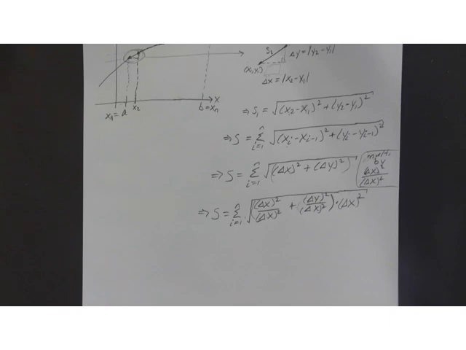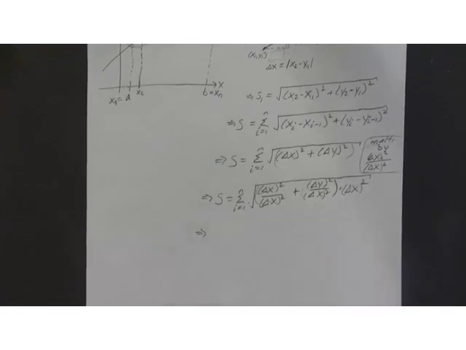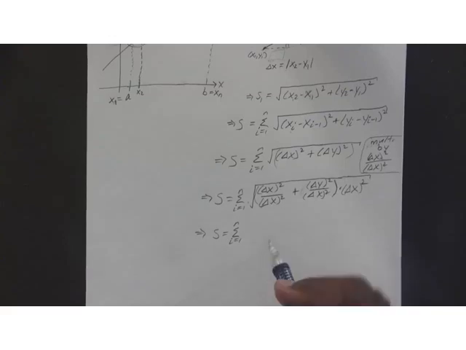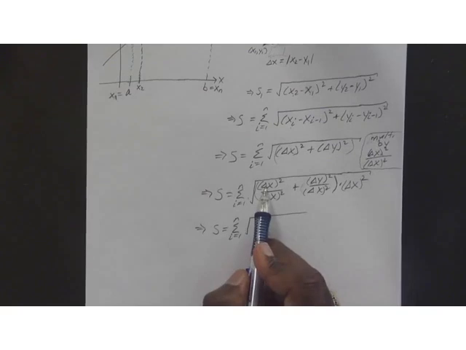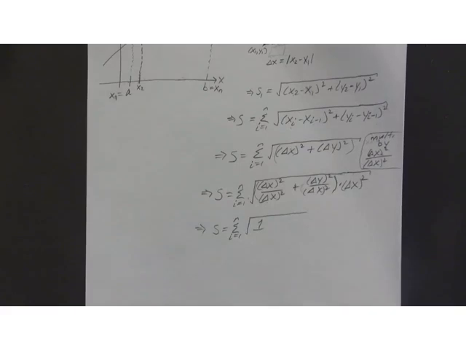Okay, but we know with square roots, if you have two factors, you can break it up. So instead of having the factors underneath as your radicand, you can just have two separate ones. So that's the sum from i equals 1 to n of the square root of delta x squared divided by delta x squared, which is actually just 1. So we can simplify that and just call that 1.